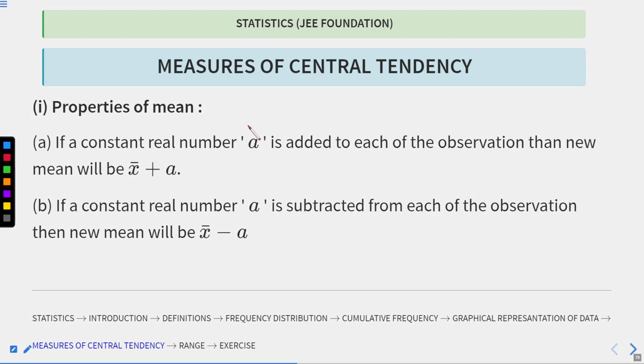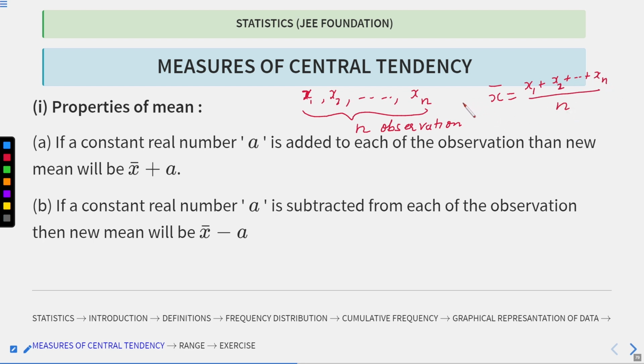If I have a mean for some observations, let's say my observations are x1, x2 till xn. The total number of observations is n. Then my mean will be the sum of all the values of observations, which is x1 plus x2 plus till xn, divided by n. This is my mean.